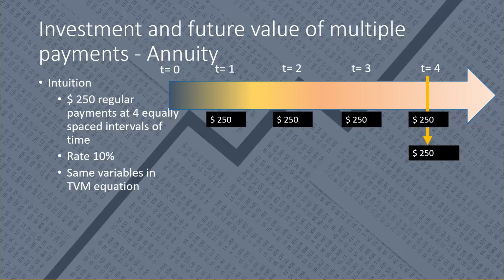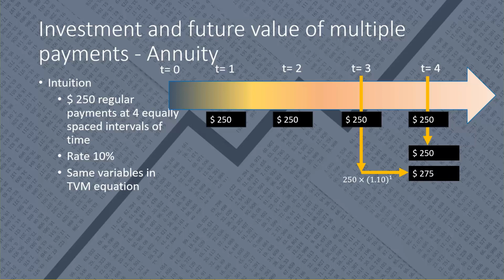But the third $250 gets a chance to grow, but by only 1 year. Since the rate is 10%, it grows by a compounding factor of 1.1 to the power of 1. The power of 1 comes because it only has 1 year to grow. So the starting value is $250, and it grows by 1 year at 10% to become $275.